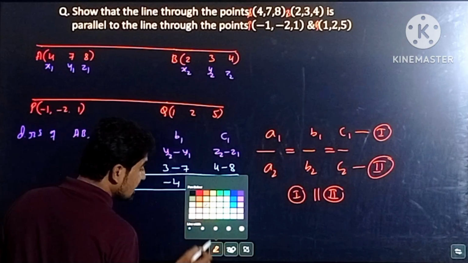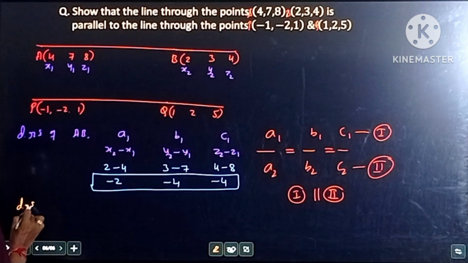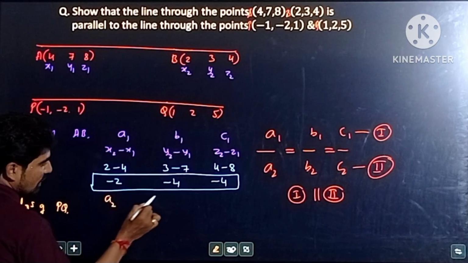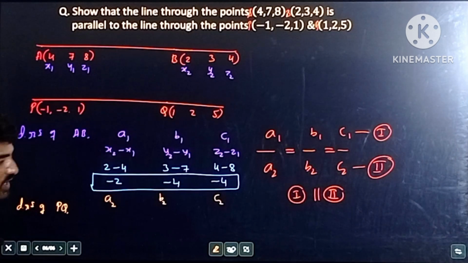And we need the direction ratios of the second line, PQ. Let's say a2, b2 and c2 are the direction ratios of the line segment PQ.